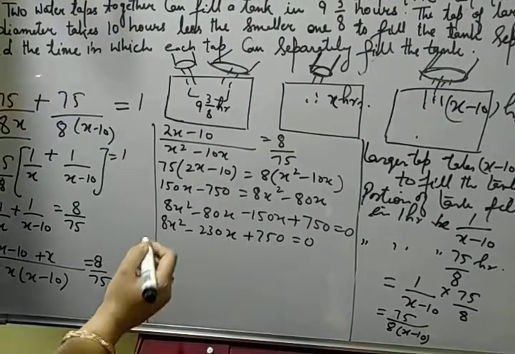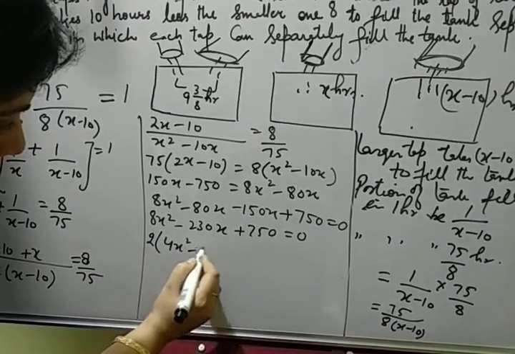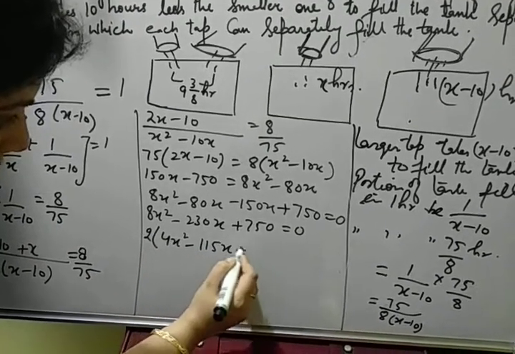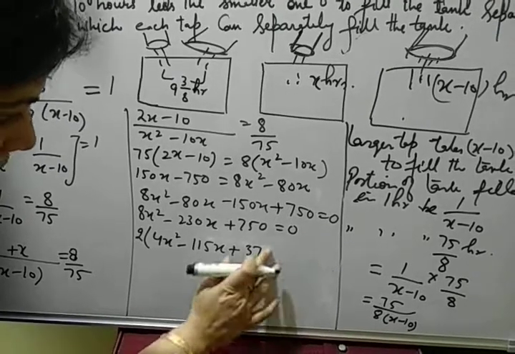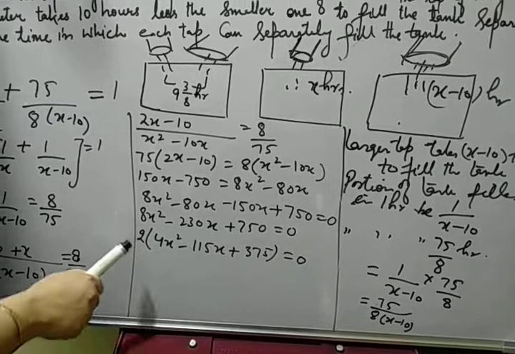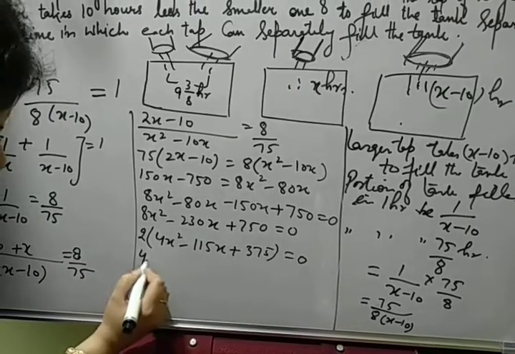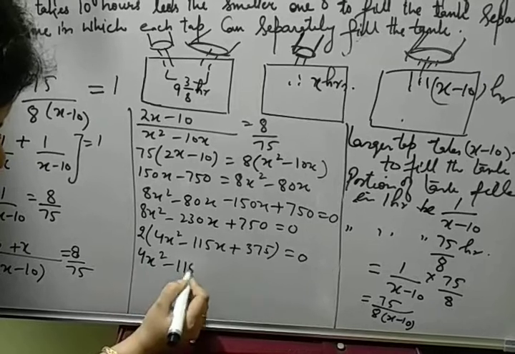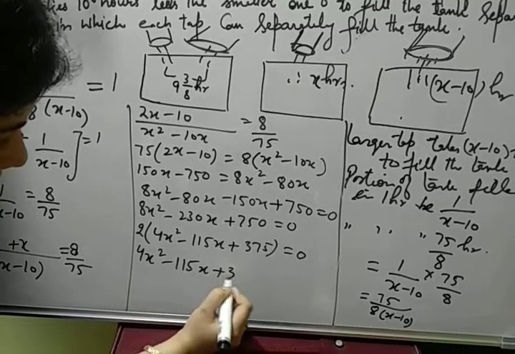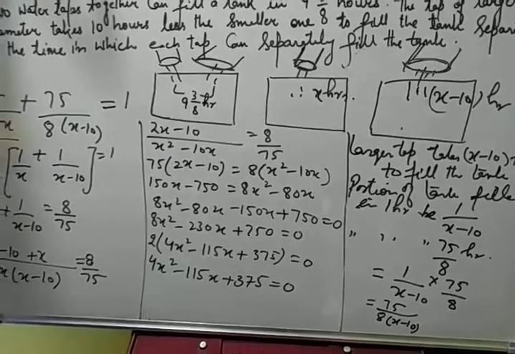Now we can take 2 as common. 4x square minus 115x plus 375 is equal to 0. When we shift this 2 here, it will also become 0. So 4x square minus 115x plus 375 is equal to 0. This is the quadratic equation.